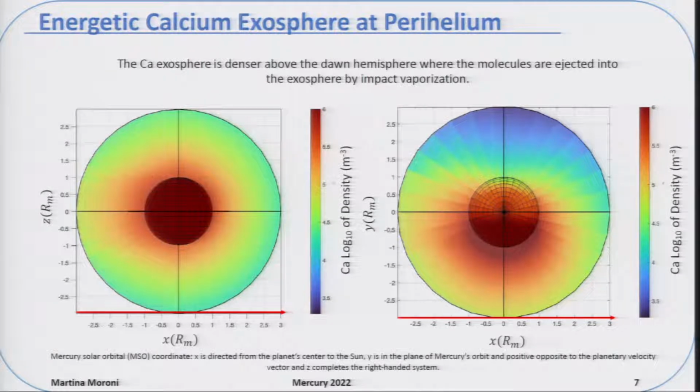The left figure represents the dayside of the planet, while the right figure is a view of the north pole of the planet. We can see an evident asymmetry of the calcium exosphere, which is denser only on the dayside. This confirms the observations of the calcium exosphere of Mercury.